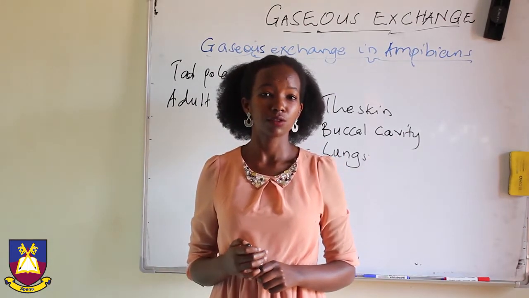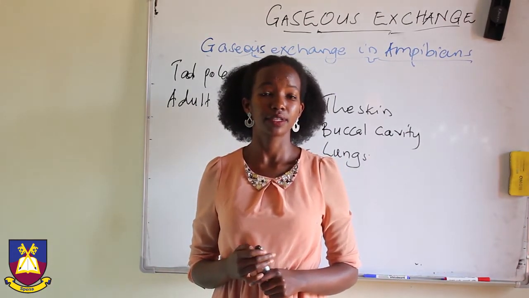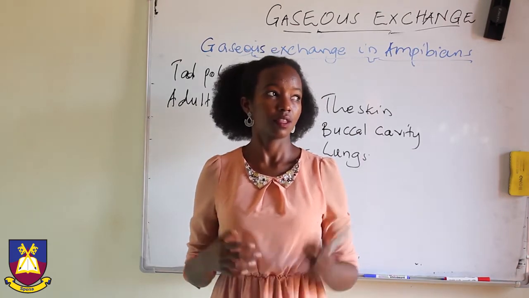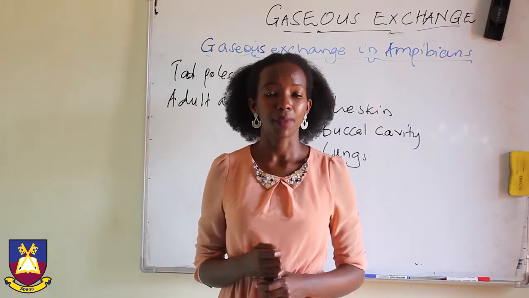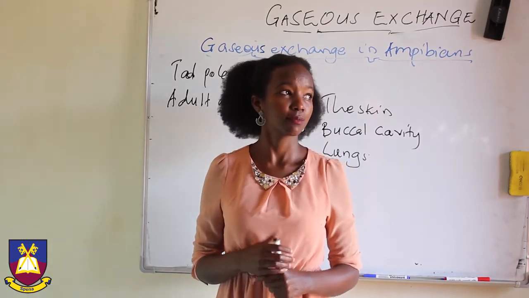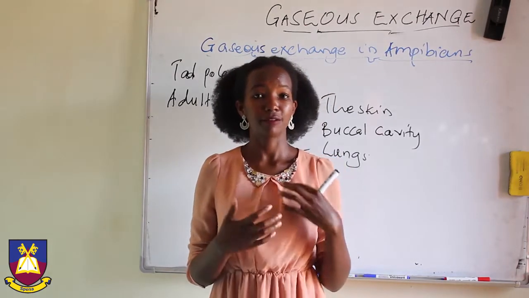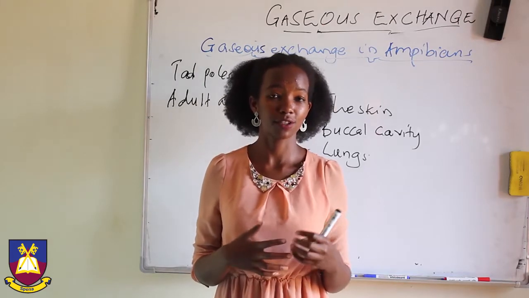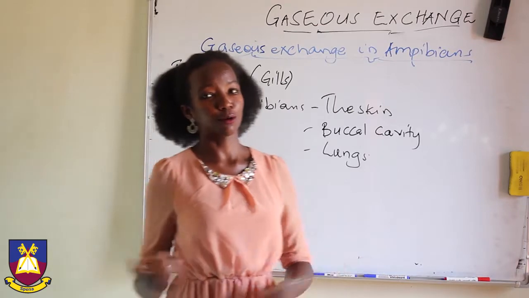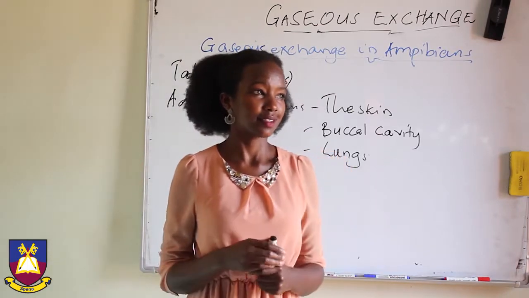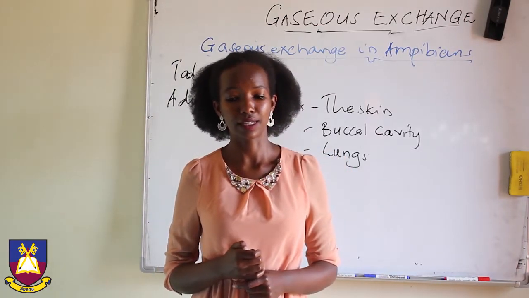Most of the time they use the skin to breathe in water because the oxygen is there and things are much easier. However, they use mostly their lungs when they are on land or when the environment has become much drier. So that's simply how gaseous exchange takes place across the skin.